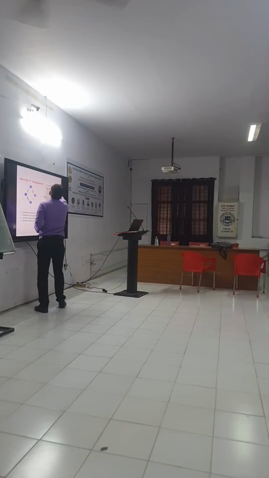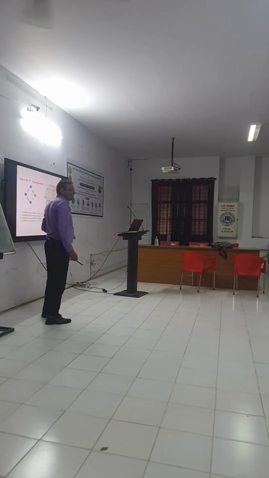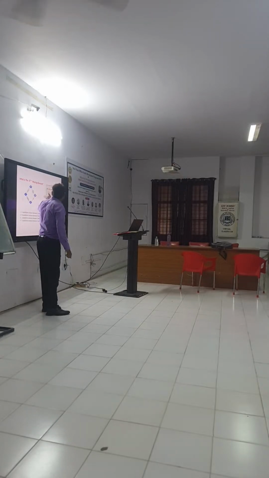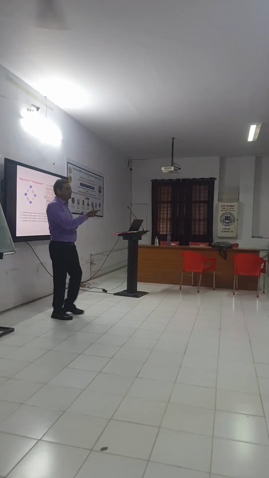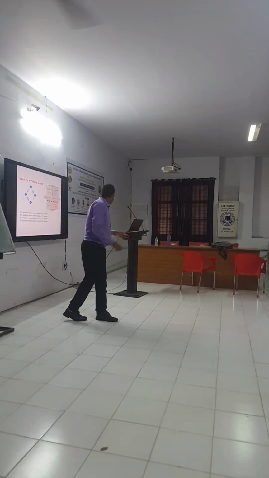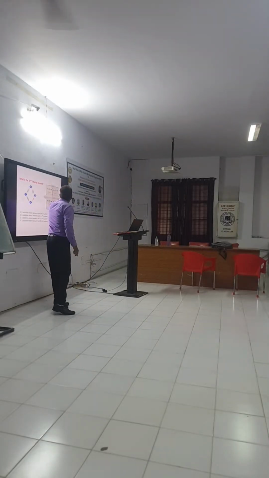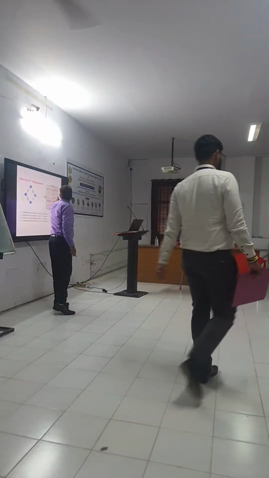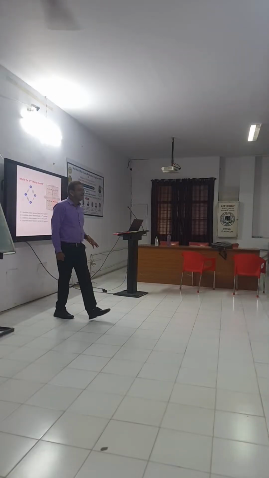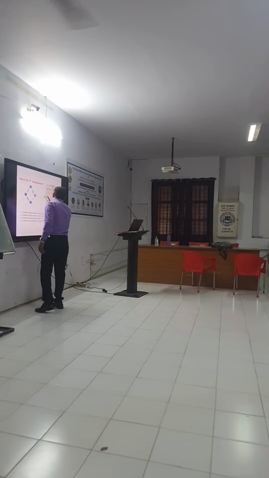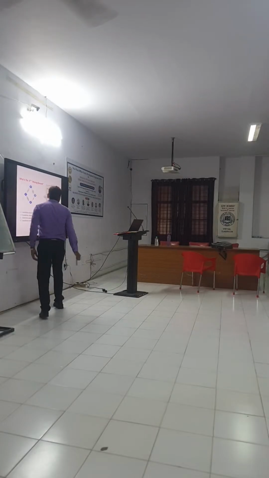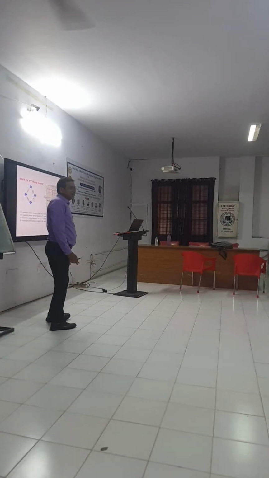The relation between voltage and current is V equals IR, where R is the resistance, so dV by dI is the resistance. So the relation between voltage and current gives the resistance. Another relation, voltage and charge: dq equals C dV, so C equals dq by dV. One more relation, charge and current: dq equals I dt, so I equals dq by dt.